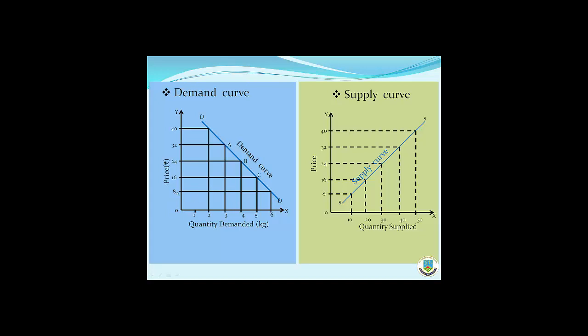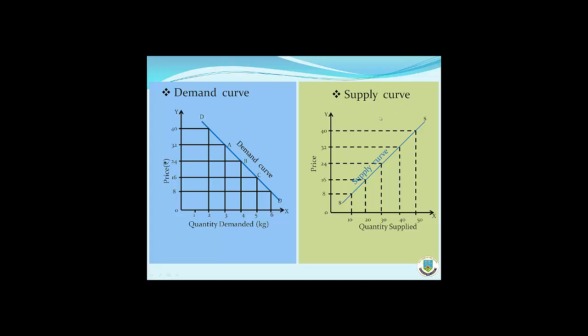If price rises to 16, quantity demanded decreases to 5. If price rises to 40, quantity demanded decreases to 2. DD is the demand curve, and DD slopes downward.